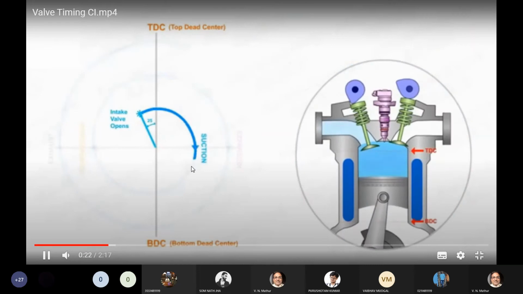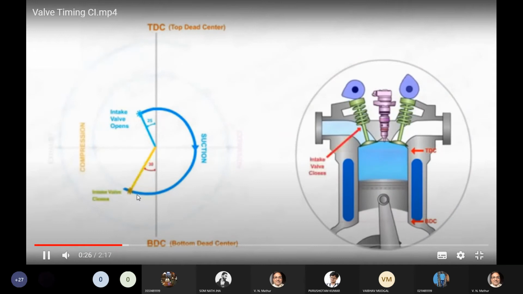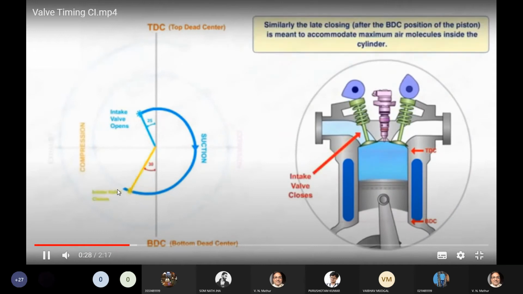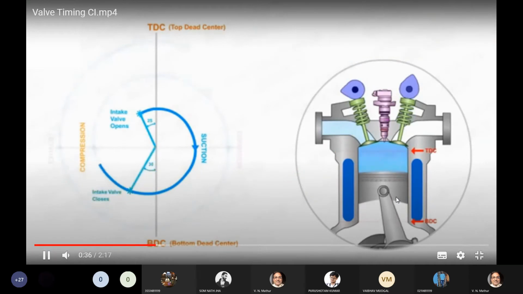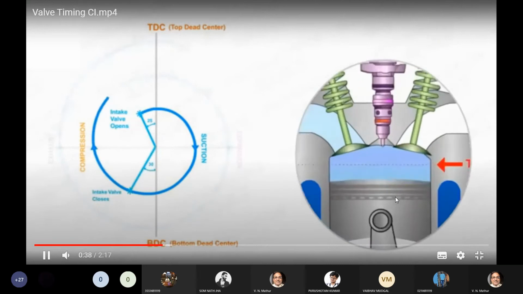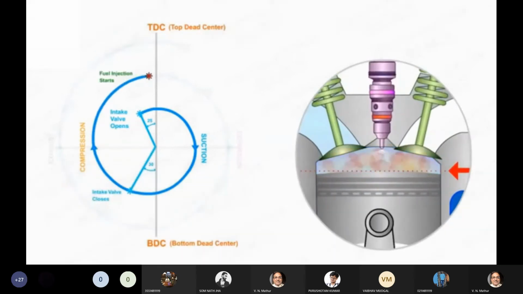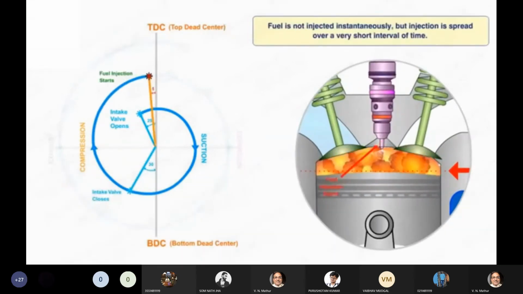So this is the suction stroke. And the inlet valve closes slightly after bottom dead center position. The piston has changed its direction. The reversal of the direction takes place. You first see this, and then I'll explain.